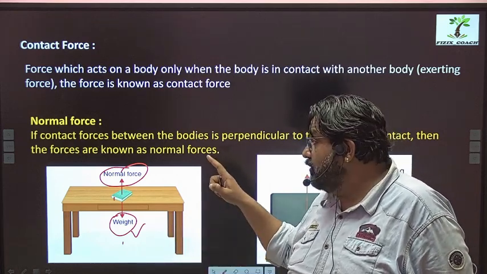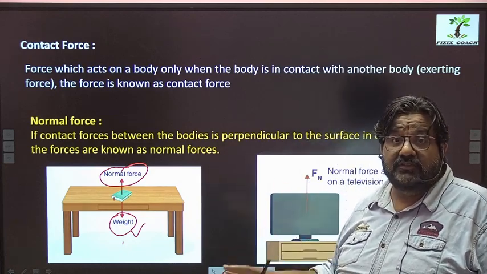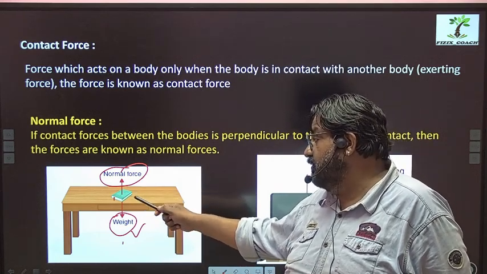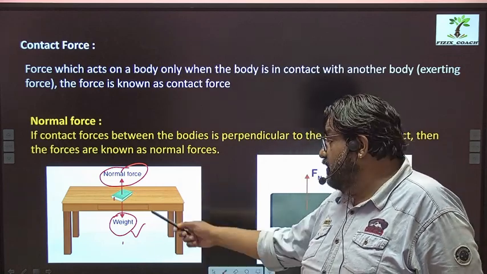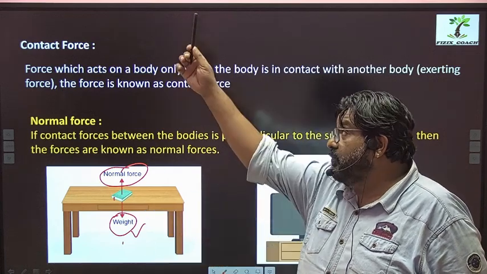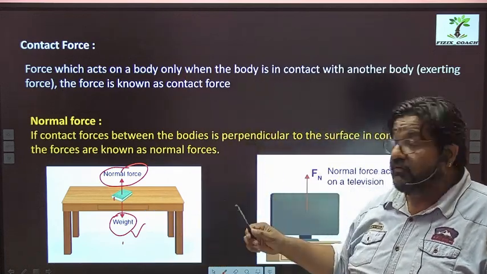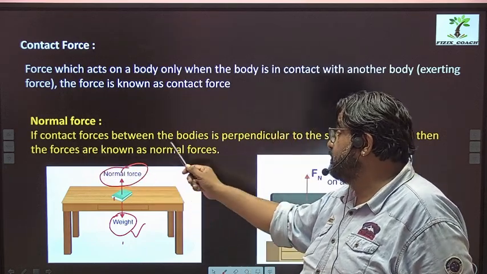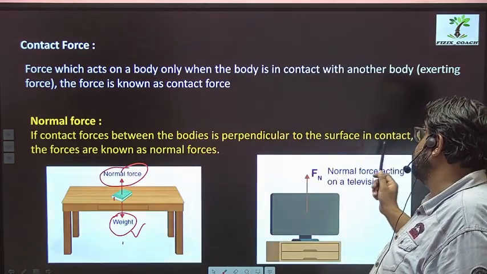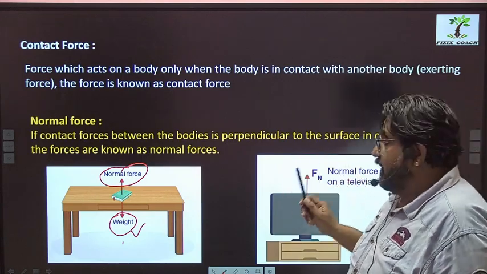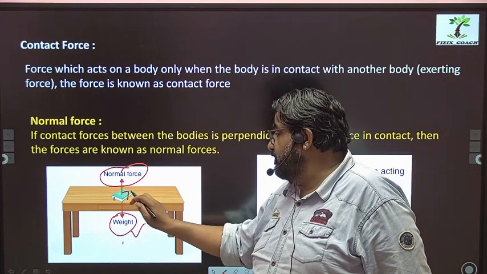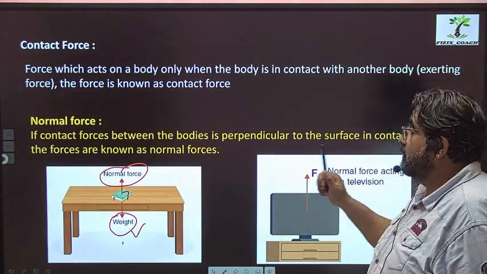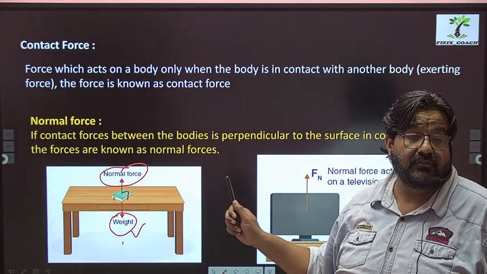We were talking about normal force. Normal force comes into action when two objects, like in this example the table and the book, are in physical contact, and the table applies a perpendicularly upward force, which is called normal force. If the contact force between the bodies is perpendicular to the surface of contact, perpendicular means 90 degrees, then the force is known as normal force.